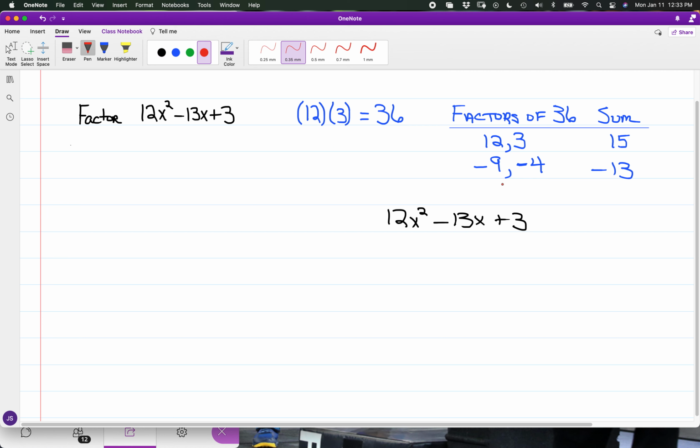So we take these factors and form x terms upon splitting the minus 13x. And it doesn't matter which one goes at the front. It could be negative 4x or negative 9x.